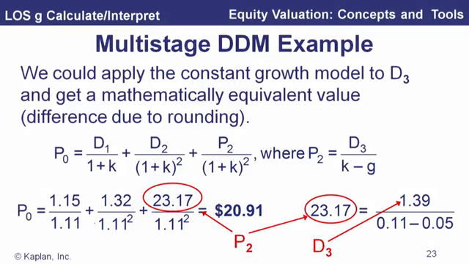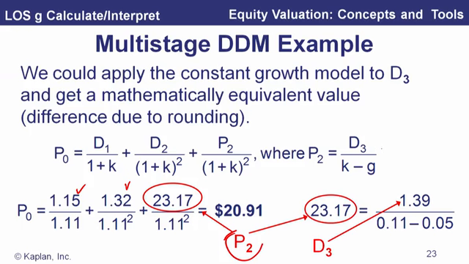Now, as I said, we could have applied the constant growth model to D3. We could have waited. It doesn't change anything mathematically. And so here's what that looks like. There's a little rounding in the dividends, but it's the same thing. So here we said, okay, we take the present value of the first dividend, present value of the second, and immediately at time 2, right after that second dividend, we sell it for the present value of D3 through D infinity.